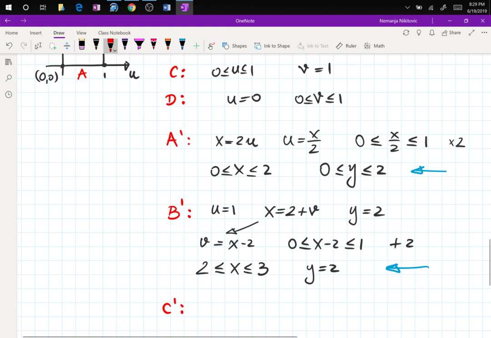C prime transformation. For C prime transformation, v is always 1. So since v is always 1, I have x equals 2u plus 1 and y equals 2u. That's where we start.